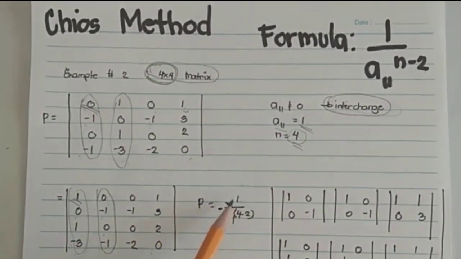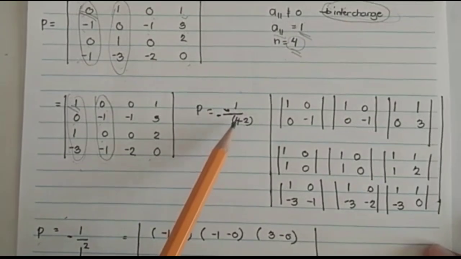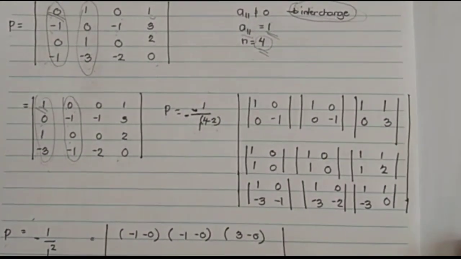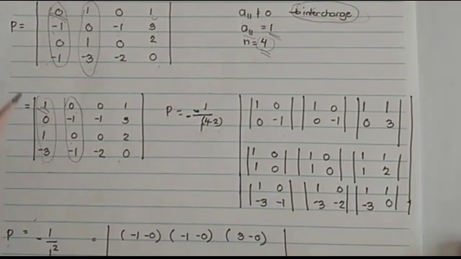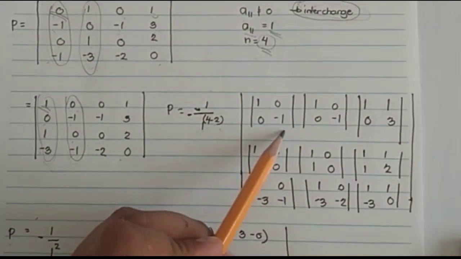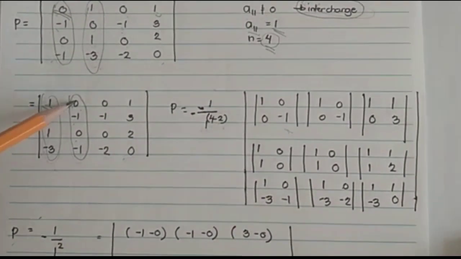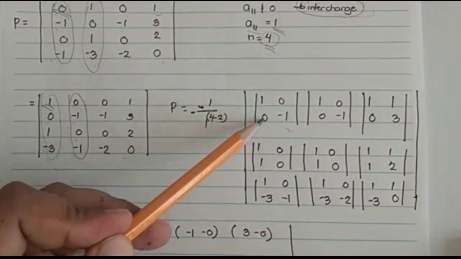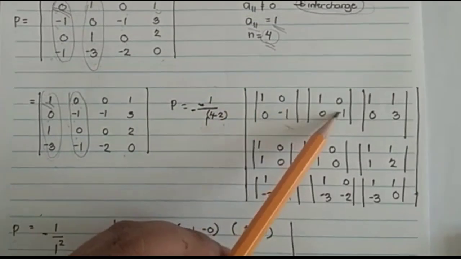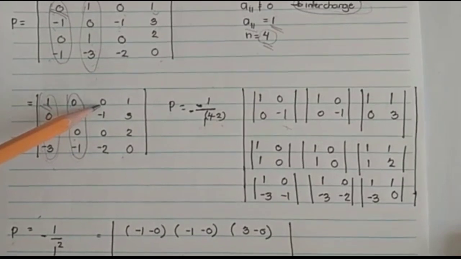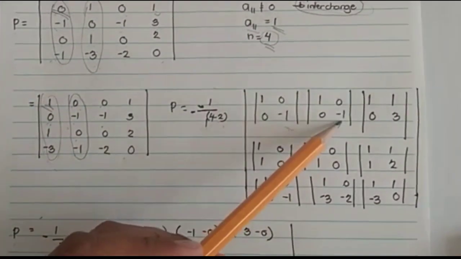Okay, so it's 1 all over 1 raised to 4 minus 2. And the next step, we need to group the data. Okay, so for the first group, we have the first row 1, 0, 0, negative 1. So we put here. And then second is the first 1, 0, 0, negative 1.